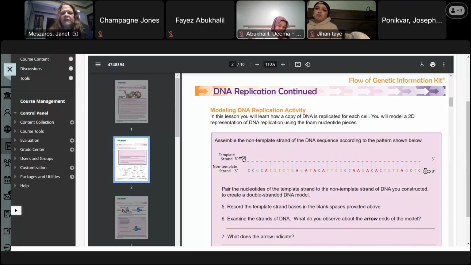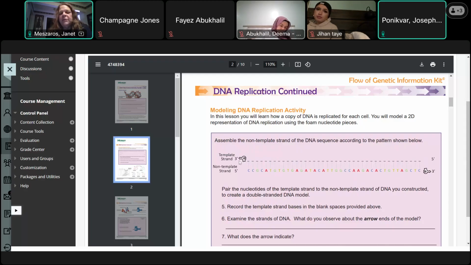And then afterwards, examine the strands. What do you observe about the arrow ends of the molecule? Now, these aren't really there, but in our foam models, they would be there. Well, this arrow, wherever we see it, always points to the 3' end. Now, you don't know what that means, but the arrow right here, see that little arrow?